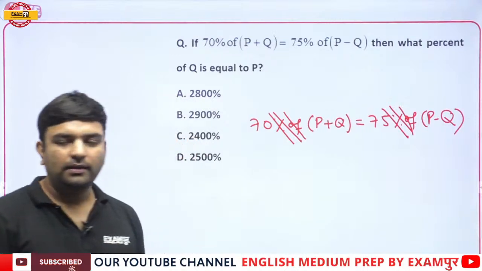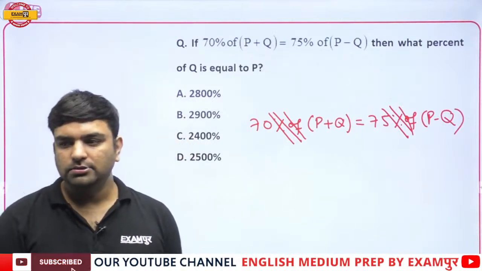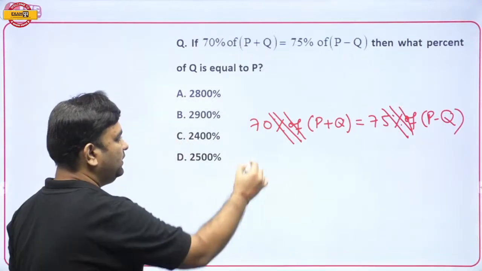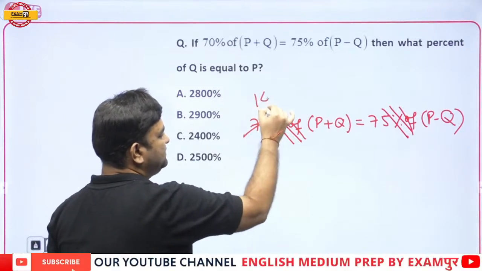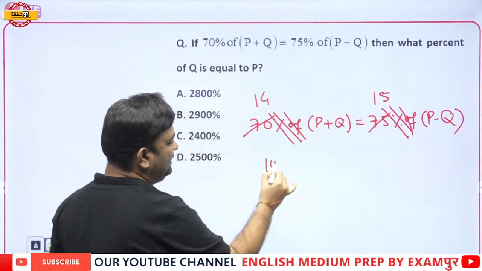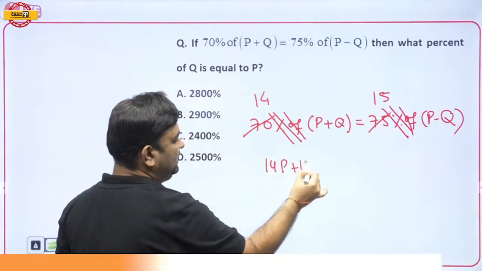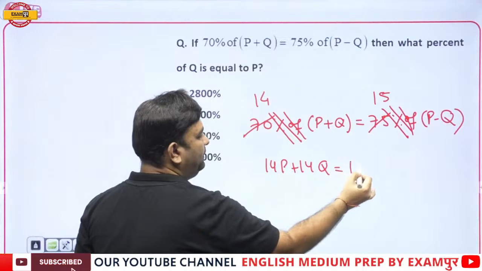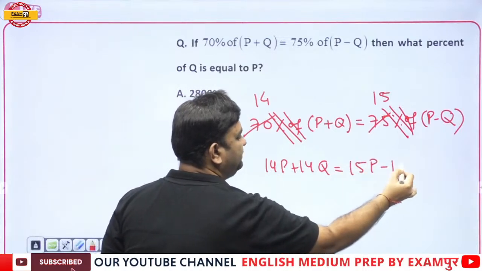So I'm cutting percentage and off. 5 is simplifying 14 times, 5 is simplifying 15 times. So 14P plus 14Q is equal to 15P minus 15Q.